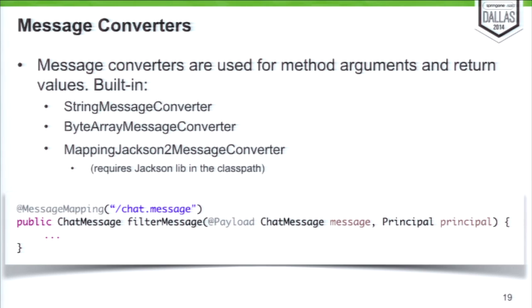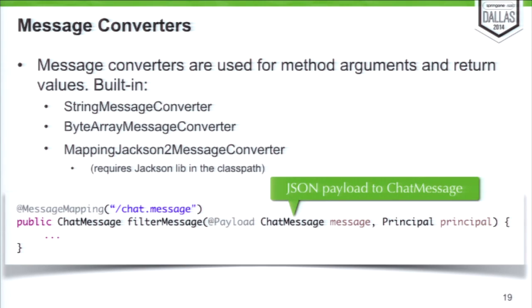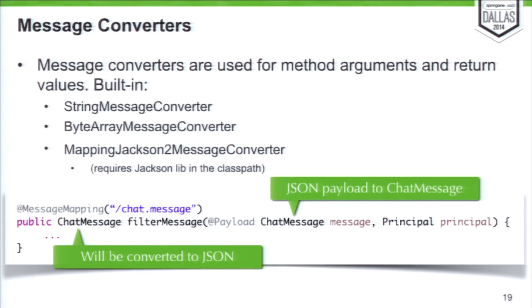That means that you can define a POJO as an argument, and using Jackson, the payload of the message will be converted to your object. So basically that's what we have here. This JSON payload will be converted into a chat message, and these message converters will also be used on the return values from the controllers. So this chat message will be converted into JSON and sent to the broker.